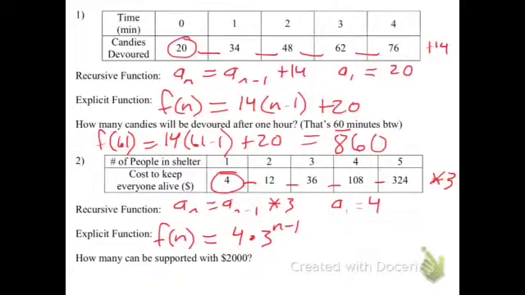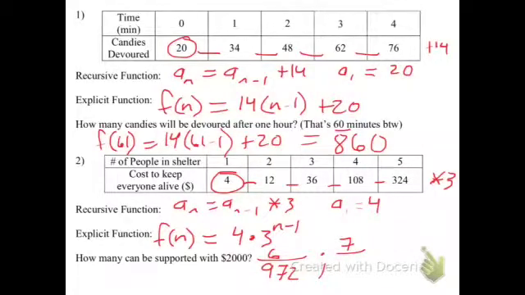To get the next day, the number of people, so 6 people, we have to do 324 times 3. So let me do that real quick. 324 times 3 is going to give you 972. That's not past 2,000 yet, so we're going to do the 7th day.